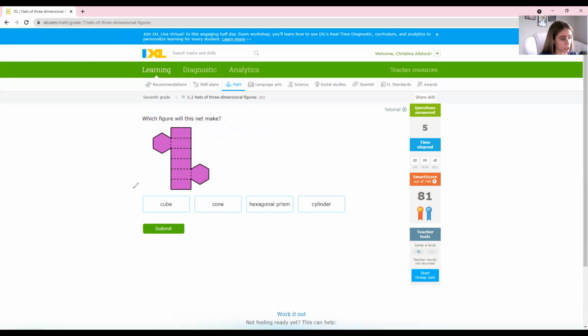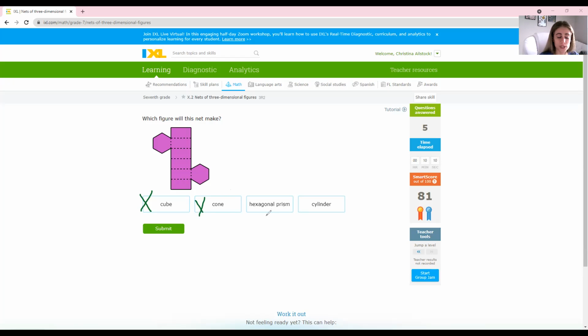Well, a cube is a square, so that's a no. Is it going to create a cone? Nope, a cone would have probably a circle base, and then it would wrap around and have, I don't even know what shape that is. It's kind of like a semicircle almost, but that wouldn't be a cone.